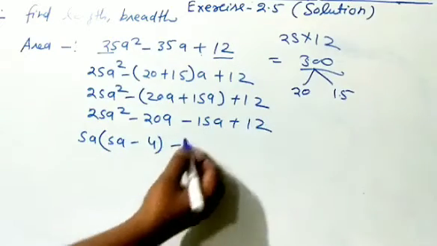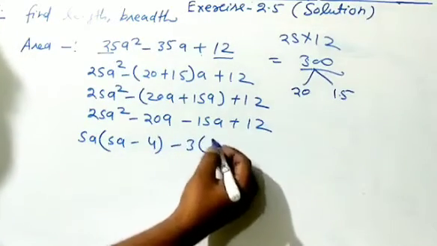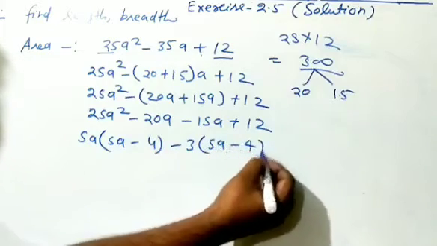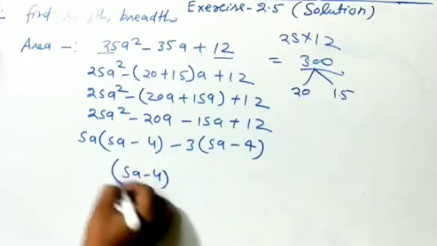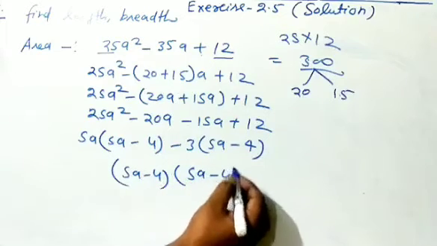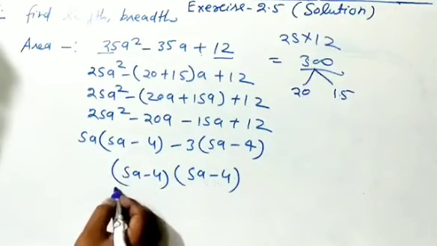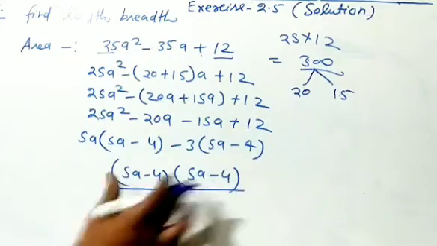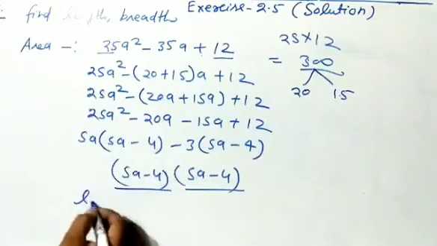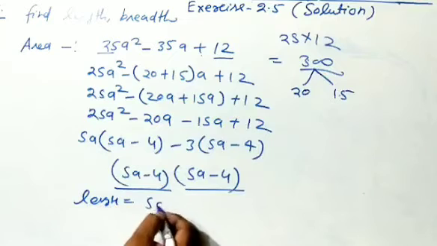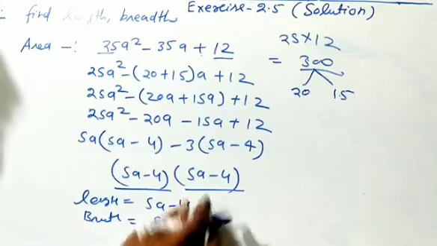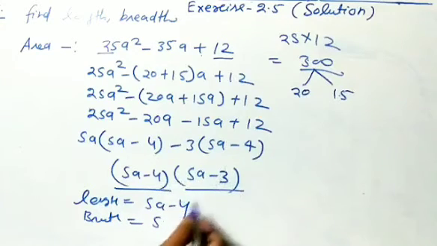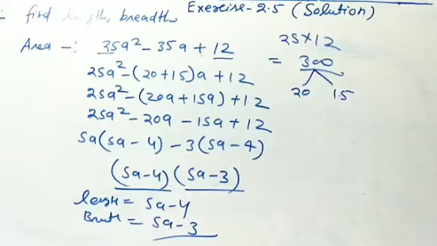Take 3 as common, it is 5a minus 4. In both sections, 5a minus 4 is common, and the remaining section is 5a minus 3. So if we assume this is length and breadth, then multiplying gives the area. So length will be 5a minus 4 and breadth will be 5a minus 3. Okay. Come to the next question.